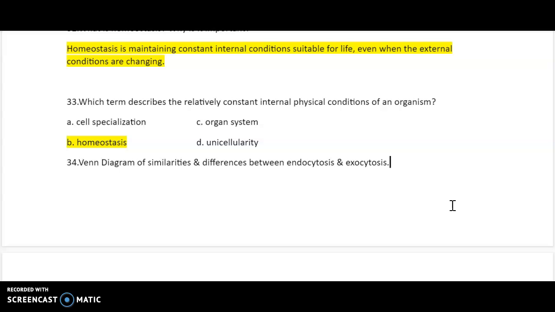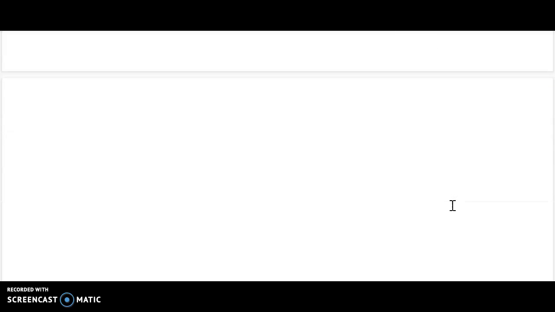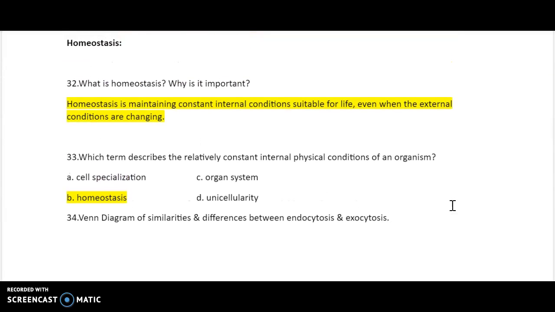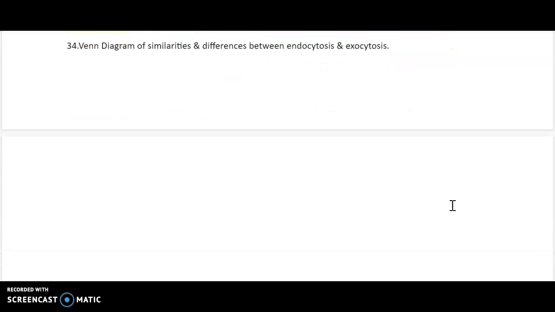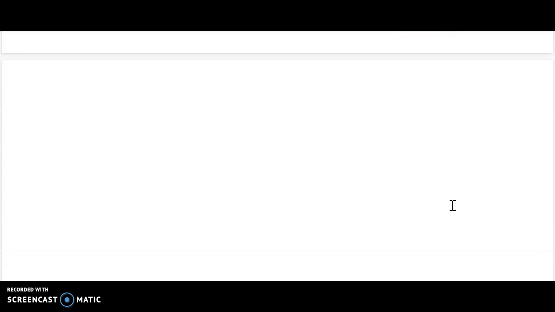So, Venn diagrams of similarities and differences between endocytosis and exocytosis. Okay, I could draw a Venn diagram, but we'll just list it for right now. Similarities and differences.